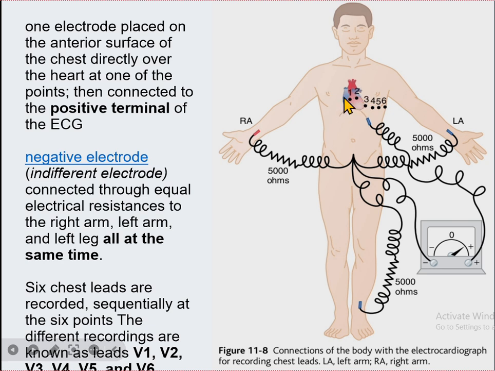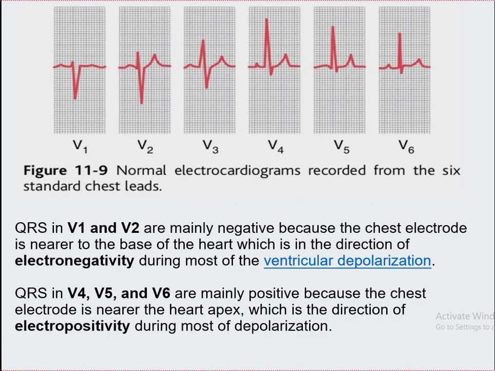After recording it, you shift the positive terminal to the next position. You go on recording. So that's how they record their precordial leads, meaning the negative terminal is a reference point that is the average of the right hand, left hand and left leg. That is for the precordial leads.